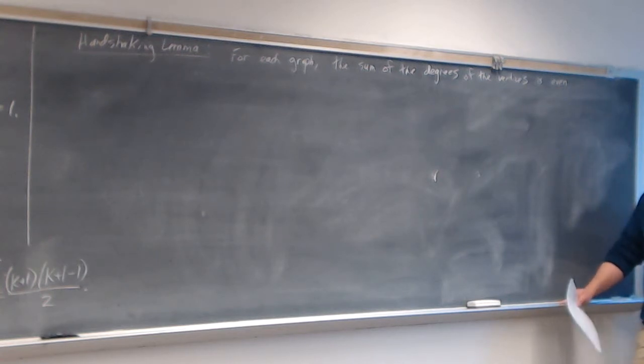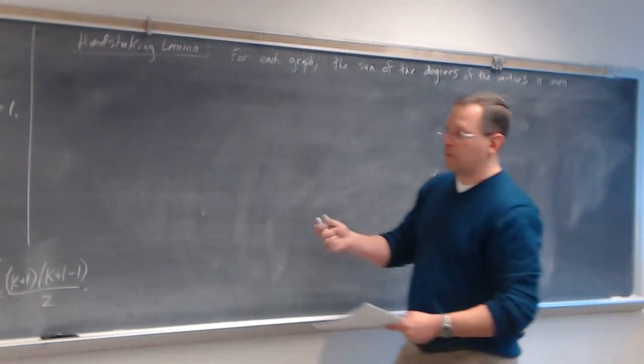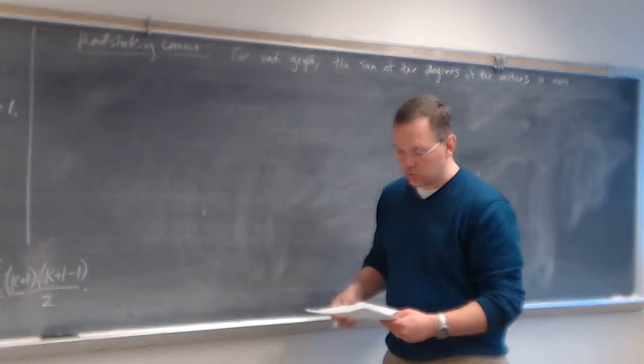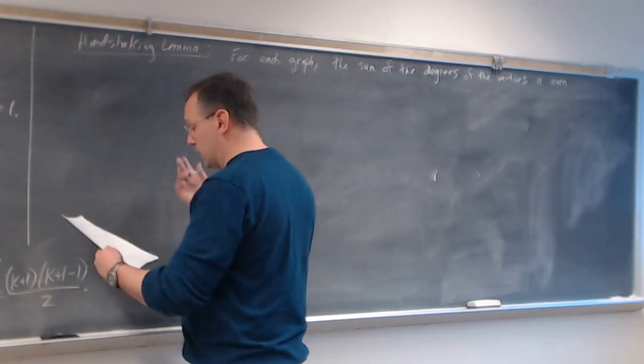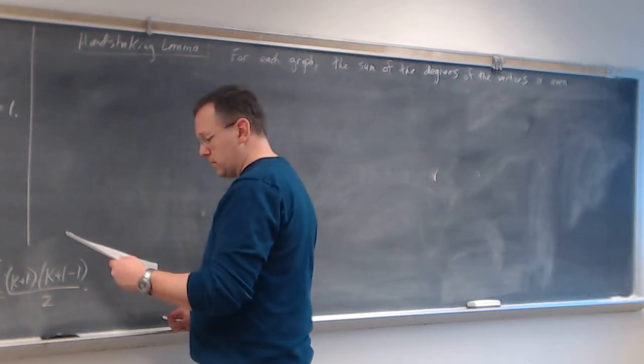When you add the degrees of all the vertices, you count that same edge for each vertex that's connected to it. So you're basically counting each handshake twice, and that's why if you're counting something twice, you're always going to get an even answer. I'll show you an example of a graph where we added up all the degrees, and it just happened to be 4, but it always has to be an even number. That's what the handshake lemma says.